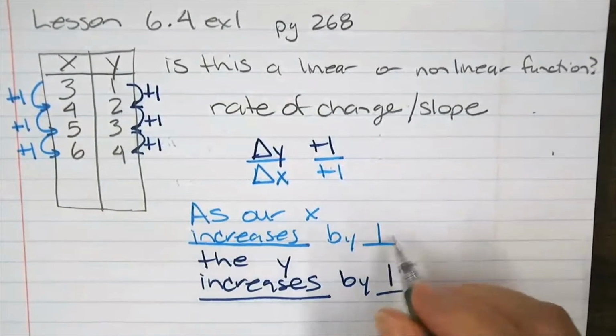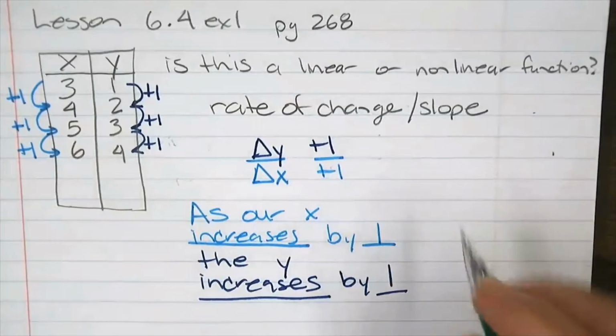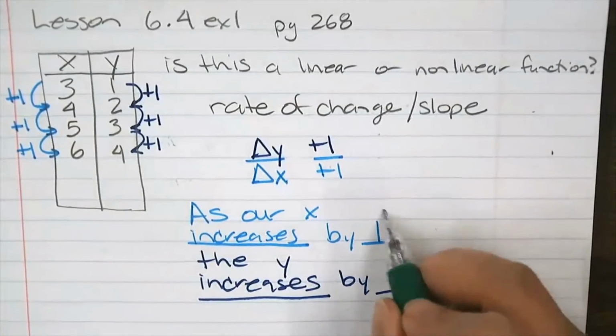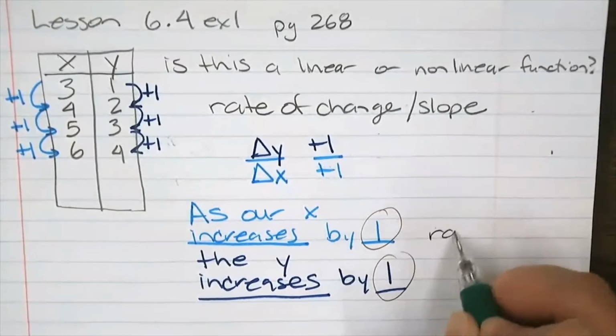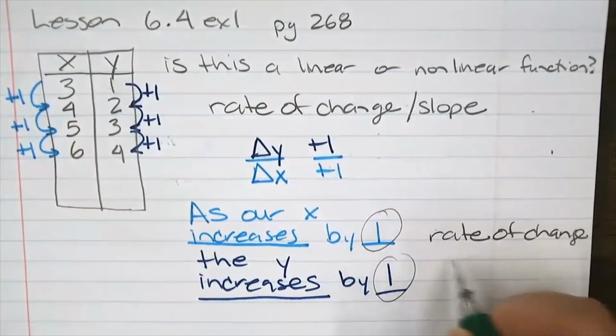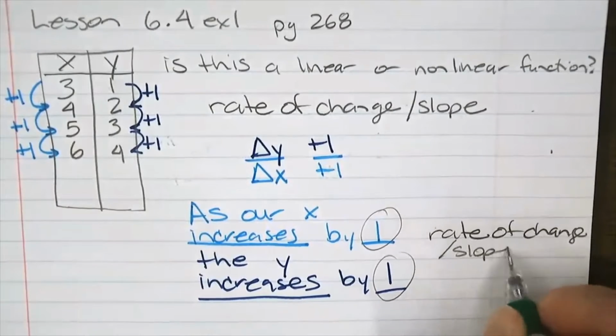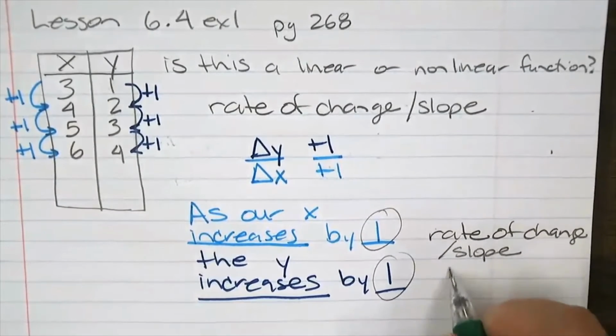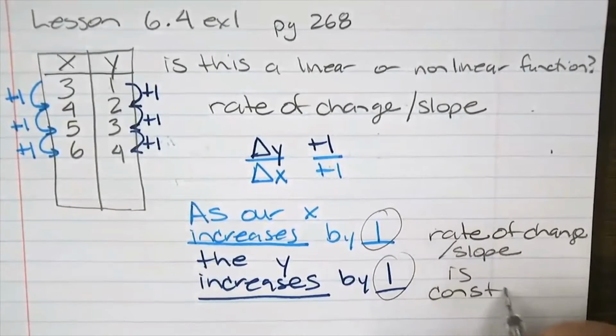So here we can see, we're looking at this and this, our rate of change or our slope is constant.